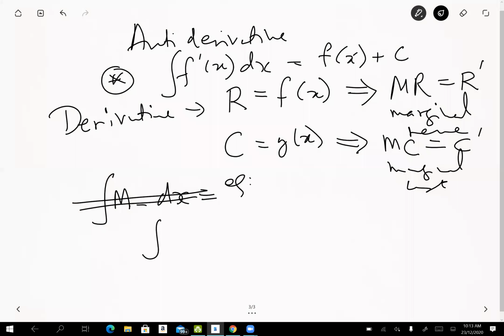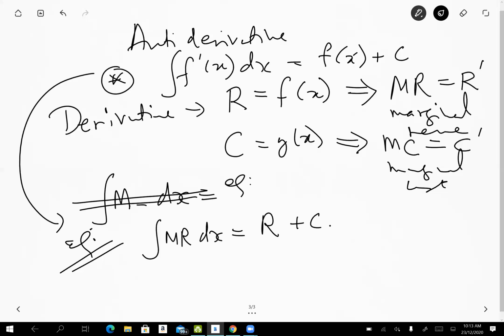Let's say I know the marginal revenue. I integrate the marginal revenue, I will get the revenue, plus C. So the concept is the concept of antiderivative.